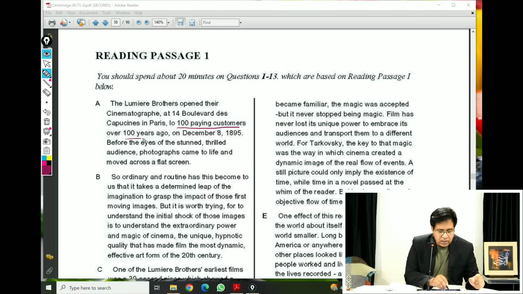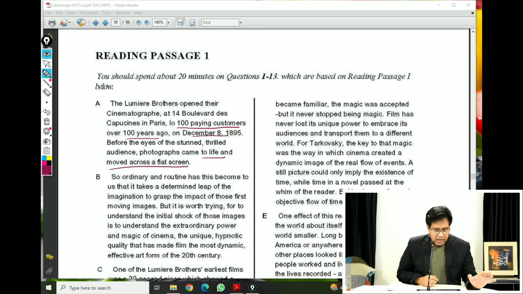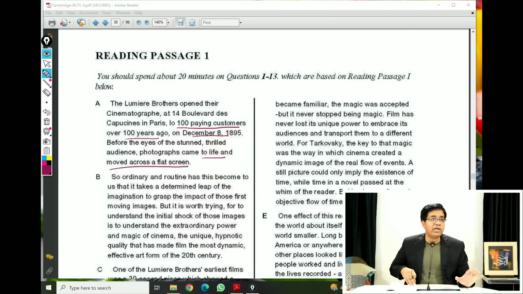Over 100 years ago, on December 28, 1895, before the eyes of the stunned, thrilled audience, photographs came to life and moved across a flat screen. Now, they talked about this audience, but they did not mention whether it is important to understand. So you will change the location. If the answer is not here, you may go on and you can find this information elsewhere. Let's go on.